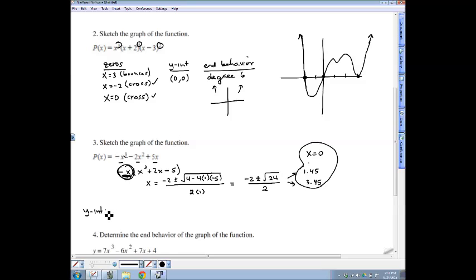So now the y-intercept, if you let all the x's equal 0 in this polynomial, you would get 0 minus 0 plus 0, which is 0. So the y-intercept is 0.